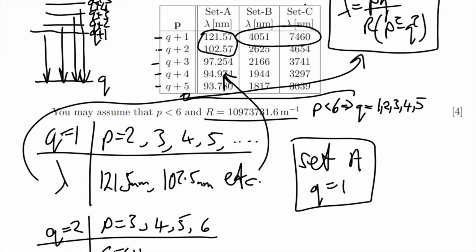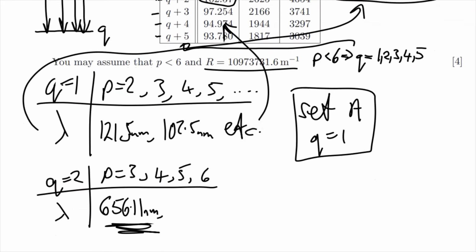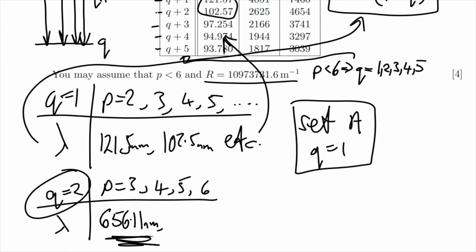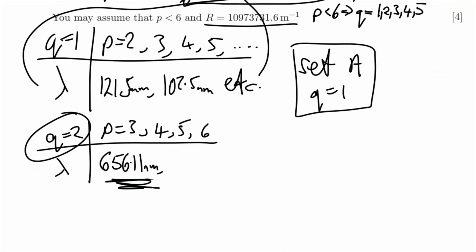No, they're not. So I'm not going to bother calculating more because I know that Q equals 2 does not relate to these sets here. So hopefully that makes sense. We've plugged the numbers in, we can't see the number in the table, therefore Q equals 2 is not applicable here.